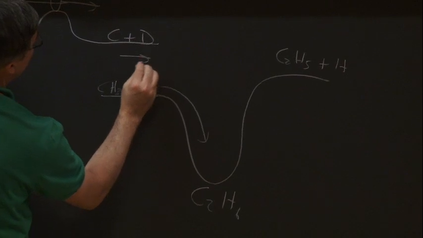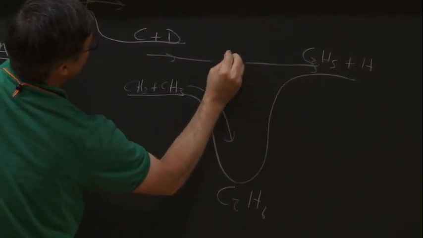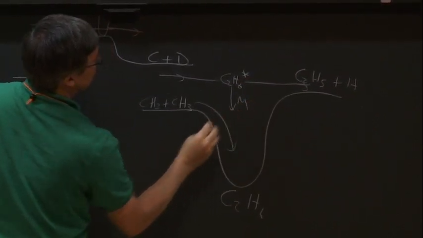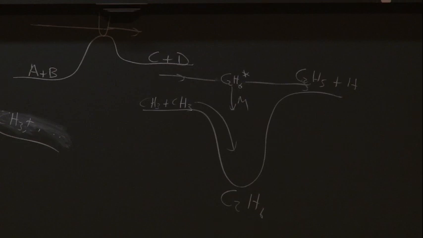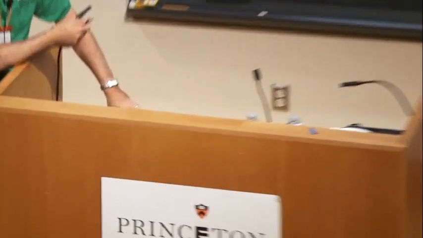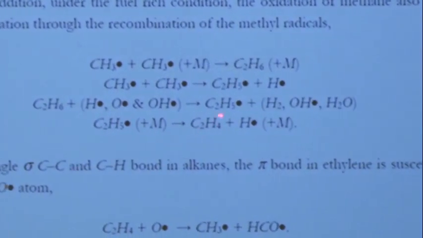At higher temperatures, you have a Boltzmann population up here, and some of it can go straight across. But some of these are excited C2H6, and they can have collisions to go down. So you make a mix of ethane and ethyl radicals. And then the ethane you make can also make ethyl radicals. The ethyl radicals typically spit out an H atom and make ethylene very quickly.